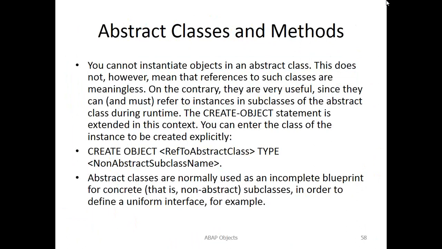Any normal method should have a definition and implementation. Here you are just defining it, with no implementation. Whenever you derive a subclass, in that subclass you can do the implementation activities.